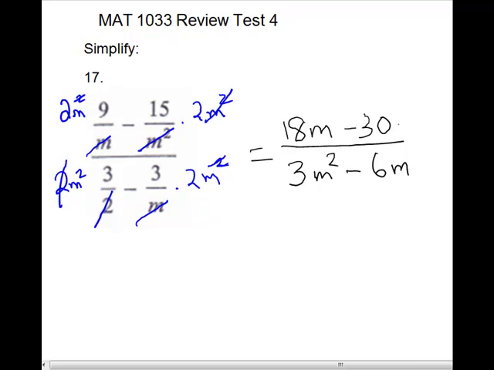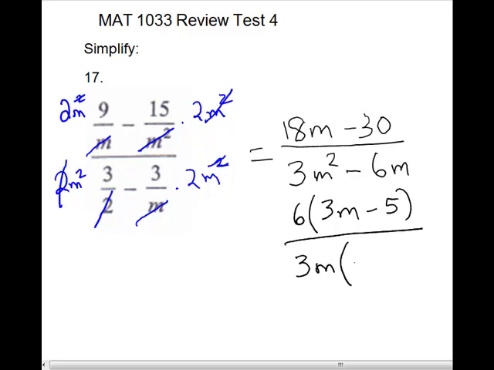On the numerator, we can take out a 6. That will leave 3m minus 5. Denominator, we can take out a 3m, and that will leave m minus 2.